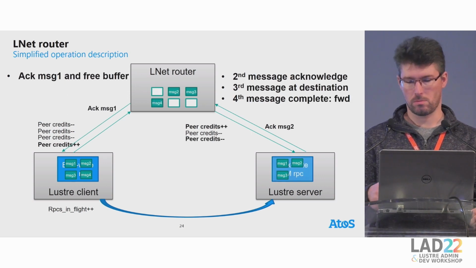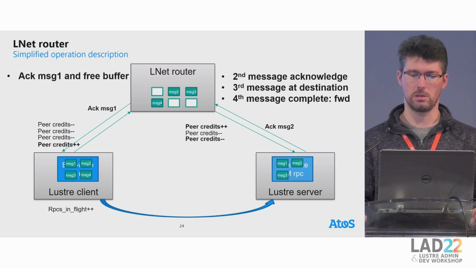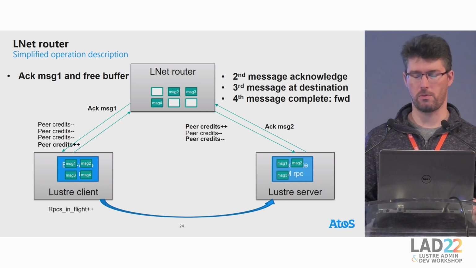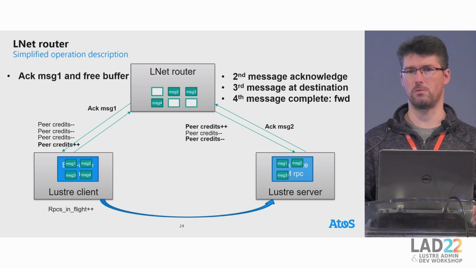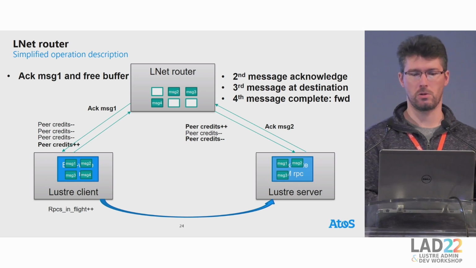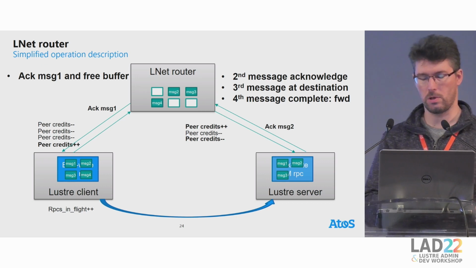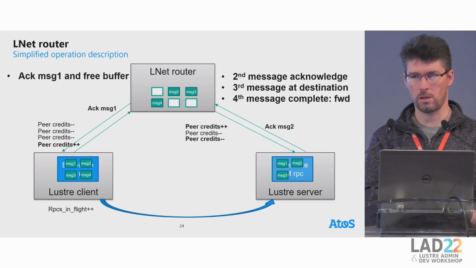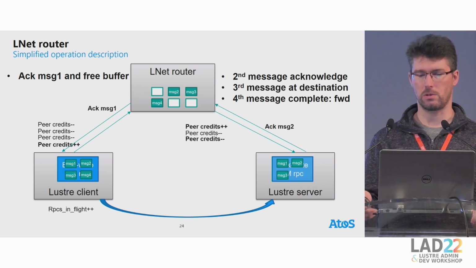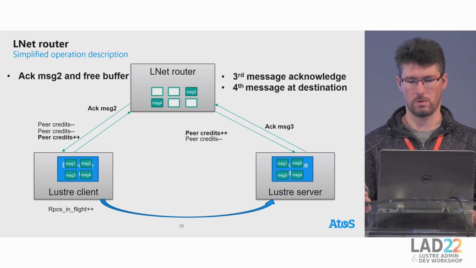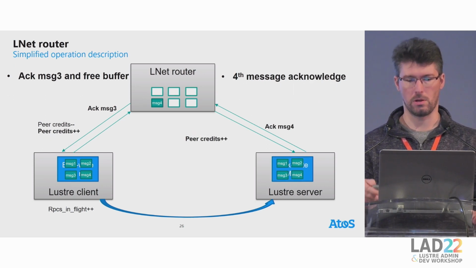The same goes for other messages, and once the LNet router receives acknowledgement for a message from the server side, it will then also send the acknowledgement to the client side, which will increment the peer credits again, and then free the buffer which was holding the message. And this goes on and on until we've processed all messages.